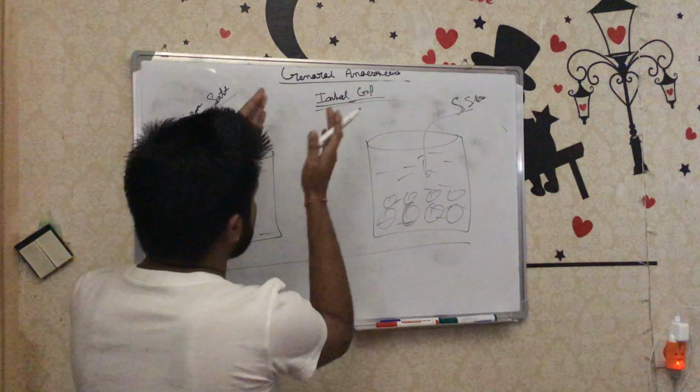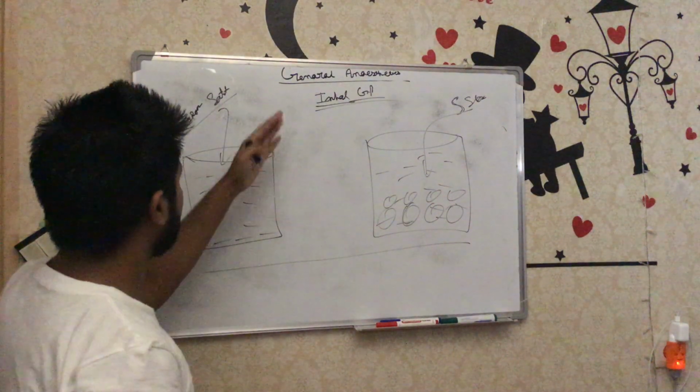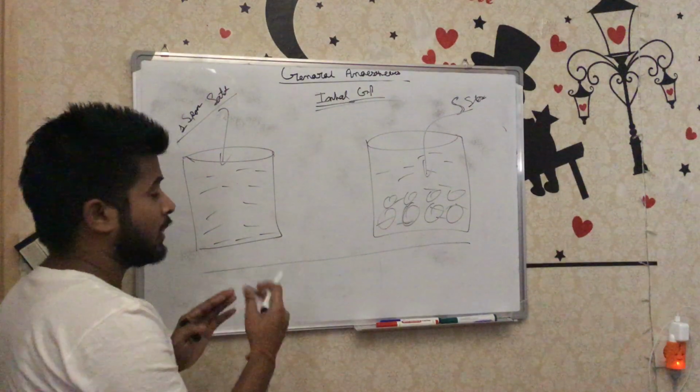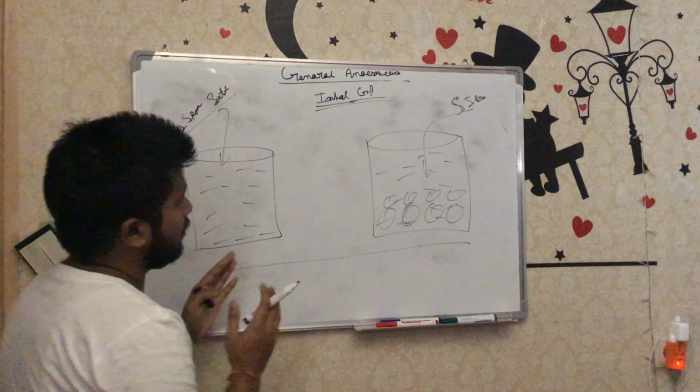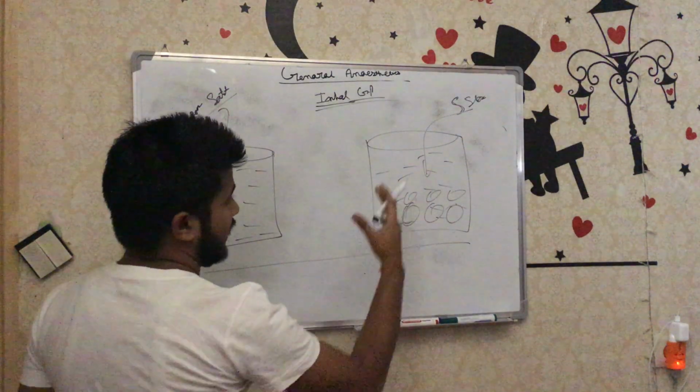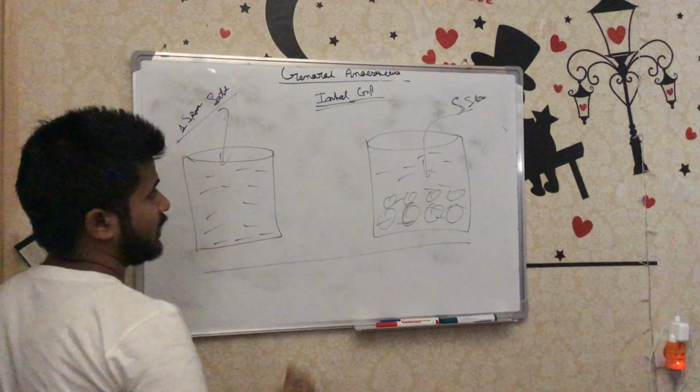The same condition applies in general anesthesia. If the general anesthetic is more soluble in blood, it will not start to act very rapidly, but whenever it's not soluble in blood, it starts to act very rapidly.